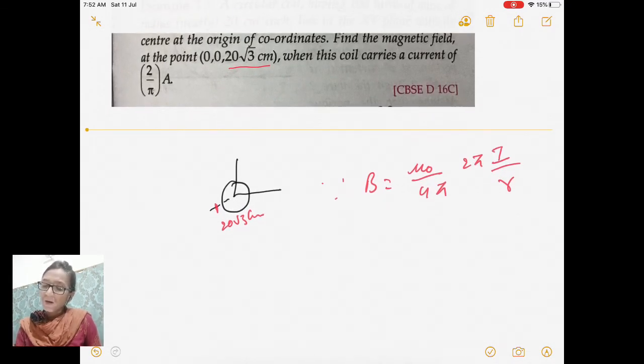So just multiply the number of turns, as the direction of current in each turn is same. So magnetic field will be added. And since magnetic field is same, you can simply multiply by number of turns. So let me simplify it.